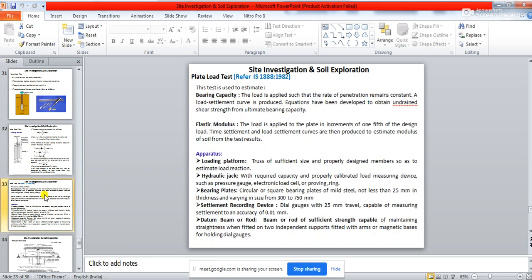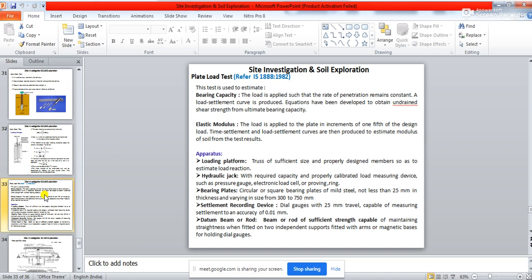If you see IS 8009, then for calculation of settlement in sandy soil, or in some cases of clay soil also, you can directly use the plate load test for finding out the settlement directly at the site.